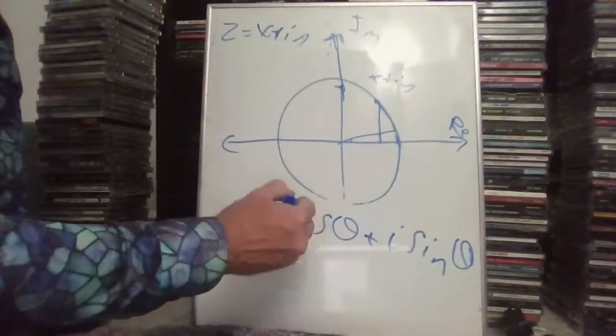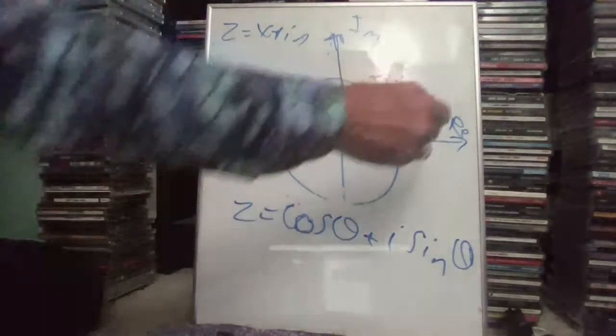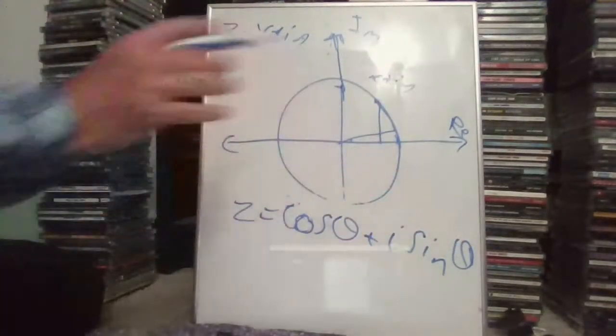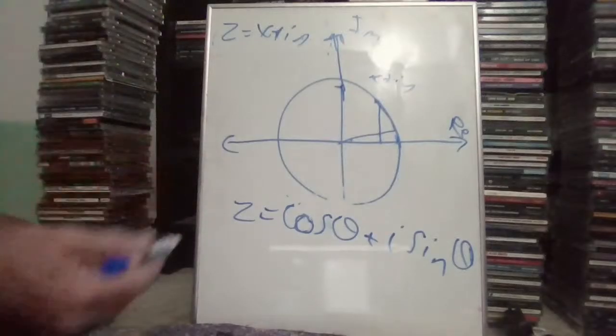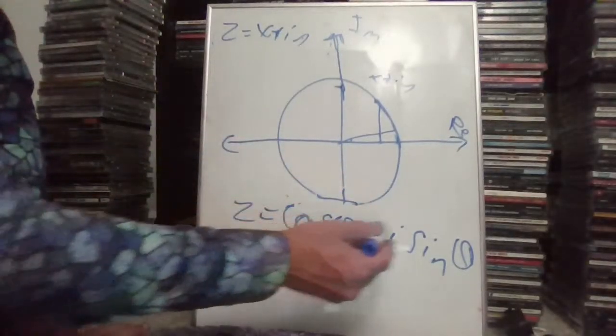That is z, the complex number on this plane. If I make r a different number, you have to put an r in front of everything, but r equals 1 is easier. It's called a unit circle, a circle of radius 1. So z equals cosine theta plus i sine theta.